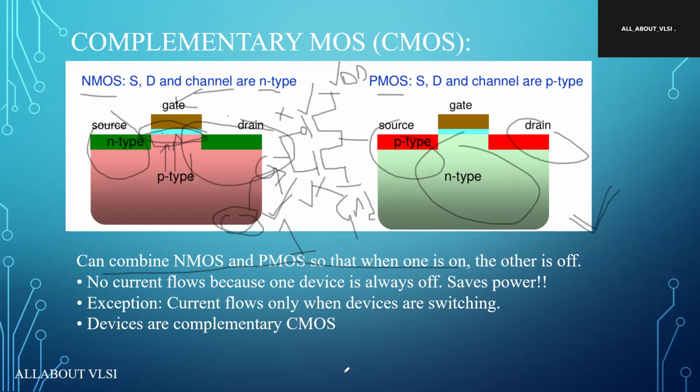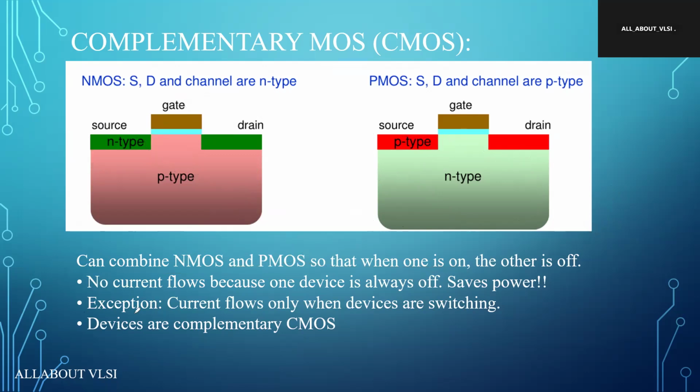So what is the main exception of this CMOS? Current flows only when devices are switching. When it is switching from 0 to 1 or 1 to 0, then only current flows, right?